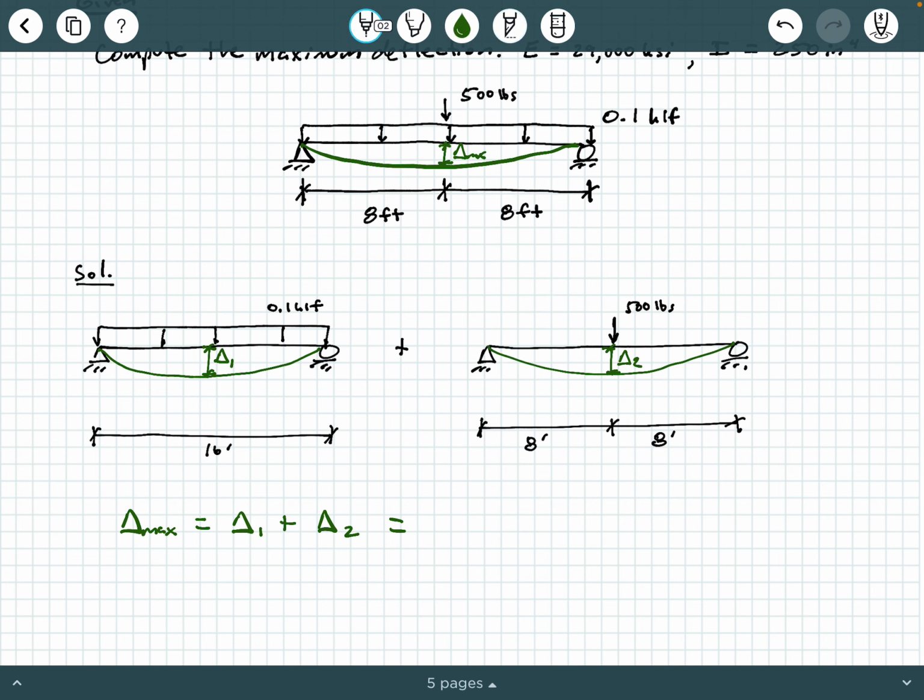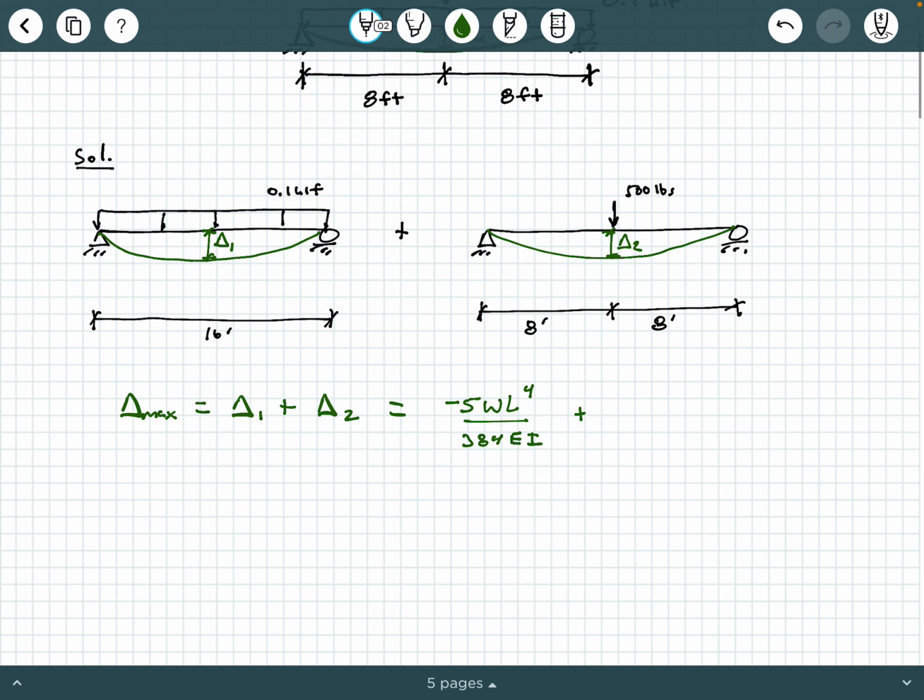If we look at the load case of the uniform load, that formula is going to be equal to negative 5 WL to the fourth over 384 EI. And we're going to add that to the deflection formula for a point load at the midspan of a beam, and that's going to be equal to negative PL cubed over 48 EI.